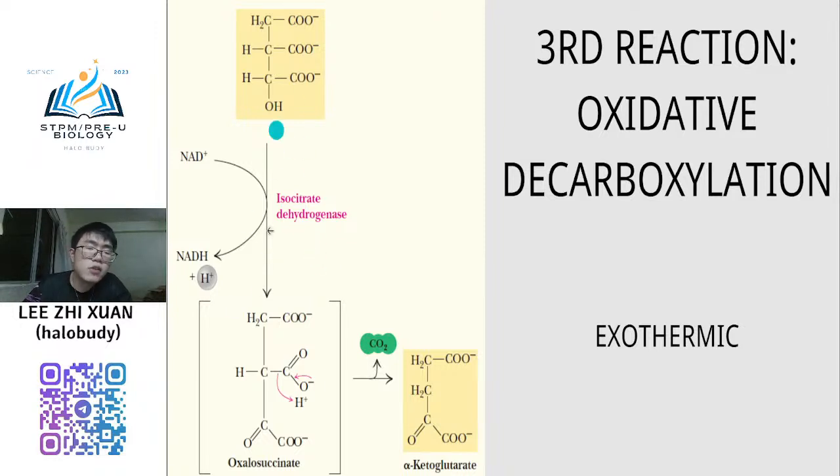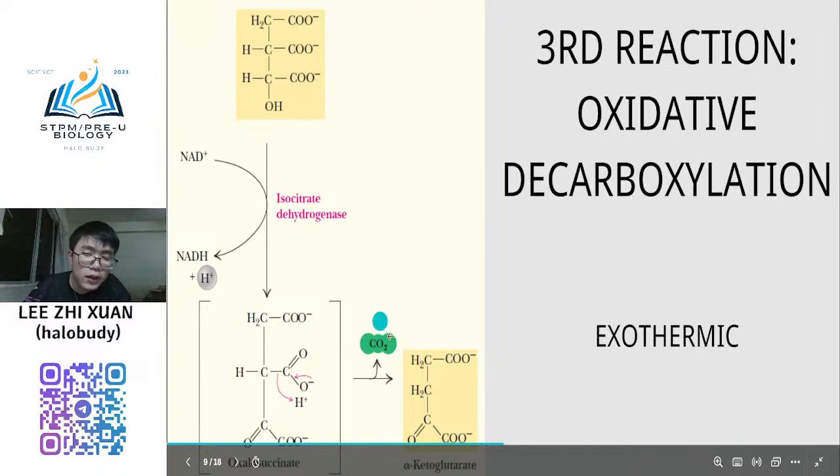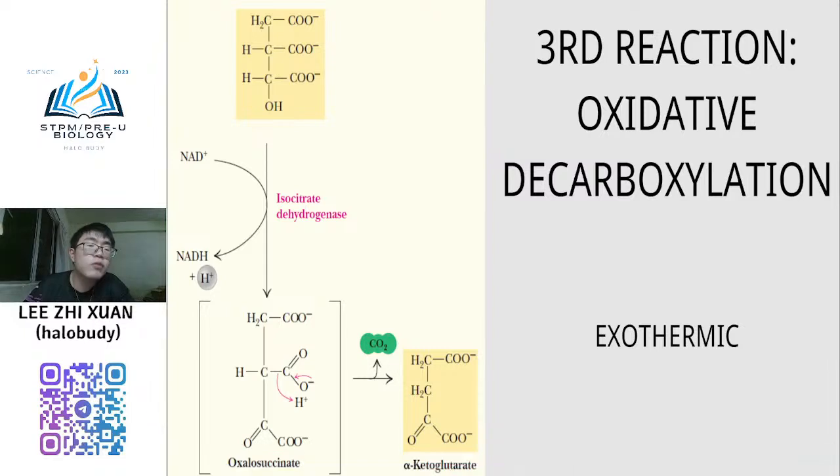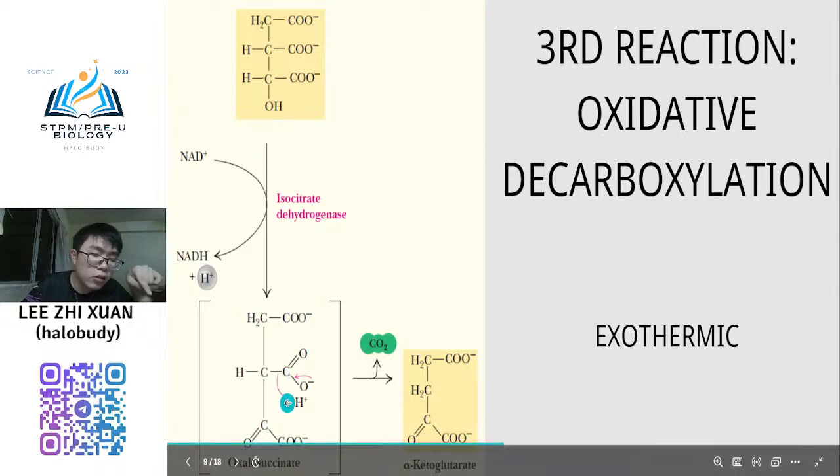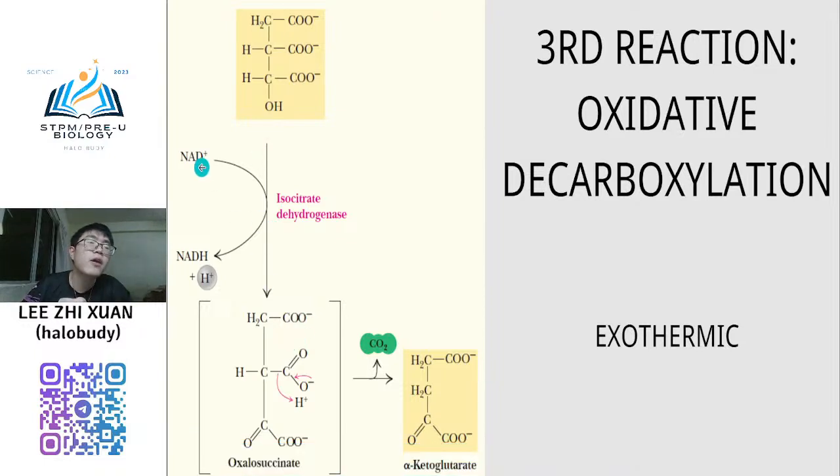So this one is an oxidation reaction, and then this one is a decarboxylation reaction. Two types of reaction. Oxidation: the isocitrate is oxidized to form oxalosuccinate. This is the intermediate. This oxidation will cause the energy carrier NAD plus to be reduced to form NADH.